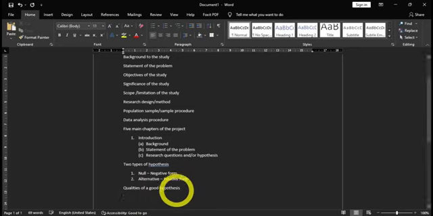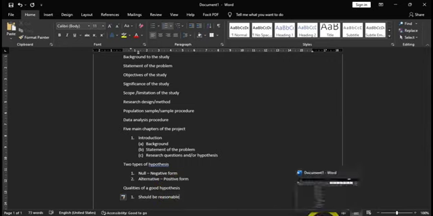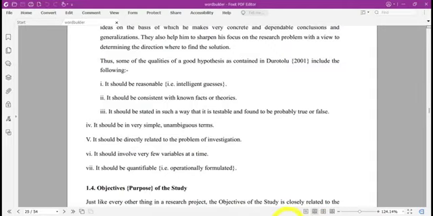Qualities of a good hypothesis. It should be reasonable. Remember, we said it is an intelligent guess, not just an ordinary guess.